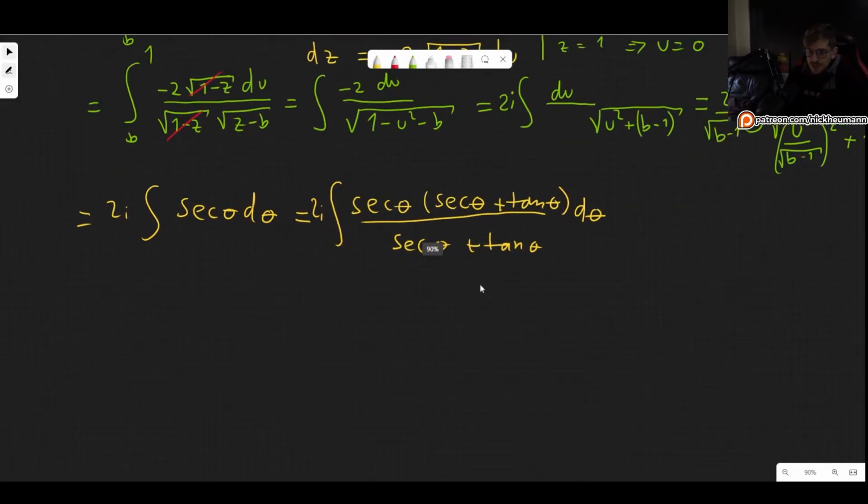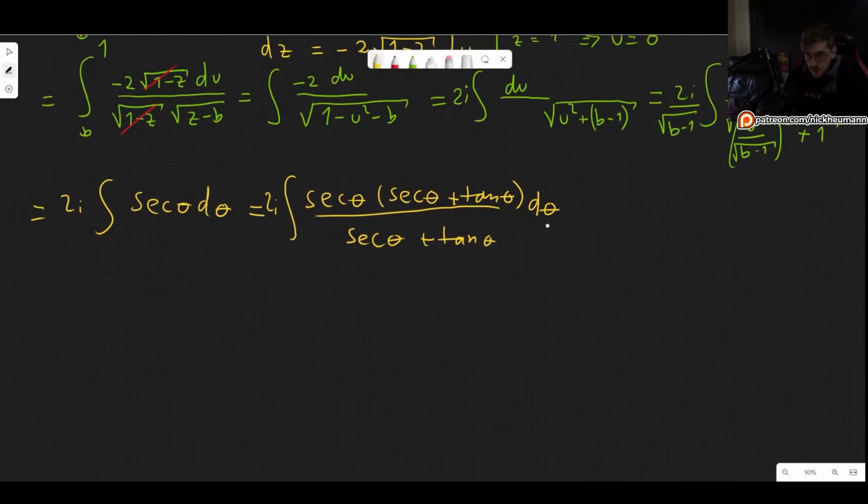Okay, so now that we have that, what could we do to solve this? Notice we have now introduced this secant theta plus tangent theta everywhere. But it really didn't make things simpler, at least not at first glance. But now we can introduce another variable, and this I will call w, which will be precisely secant theta plus tangent theta.